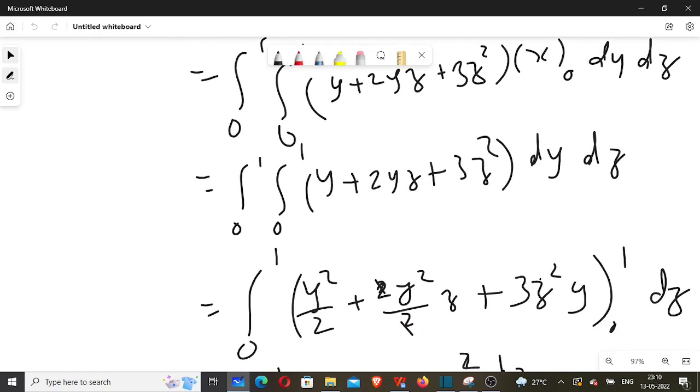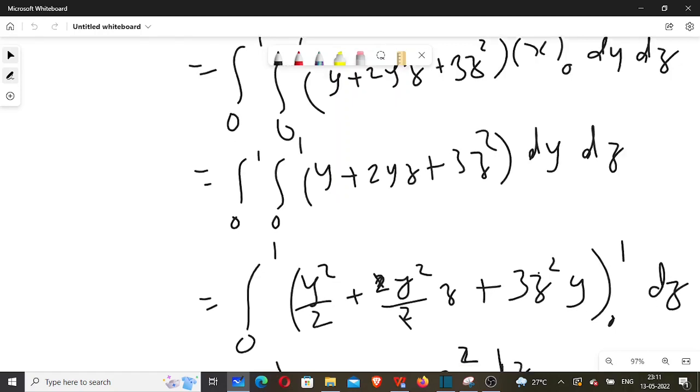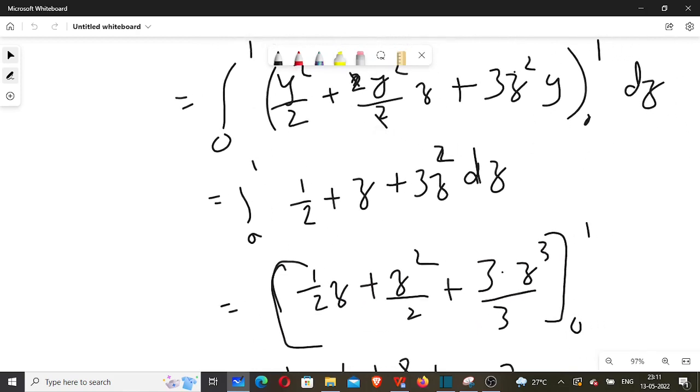Integral of y is y square by 2, integral of 2y is 2 into y square by 2, the 2 and 2 cancel, into z, plus 3z square y, within the limits 0 to 1, with respect to dz. When we give the upper limit 1 and lower limit 0, it becomes integral 0 to 1, 1 by 2 plus z plus 3z square dz.